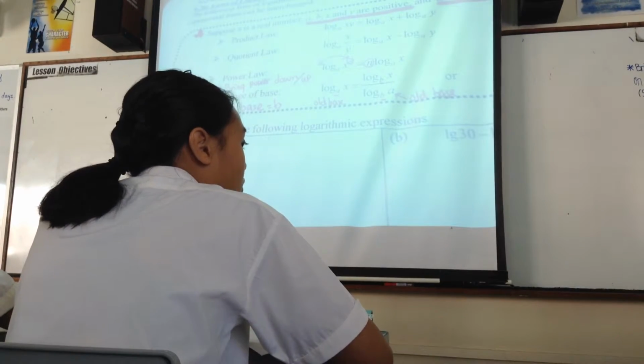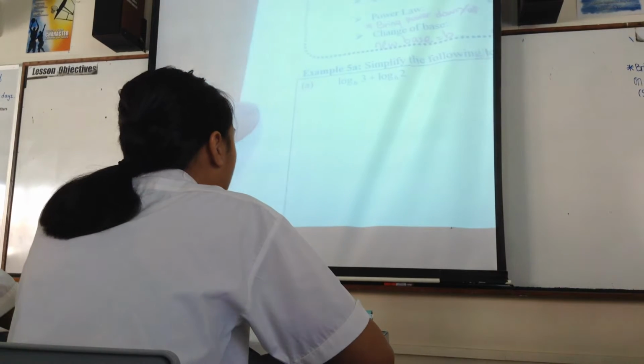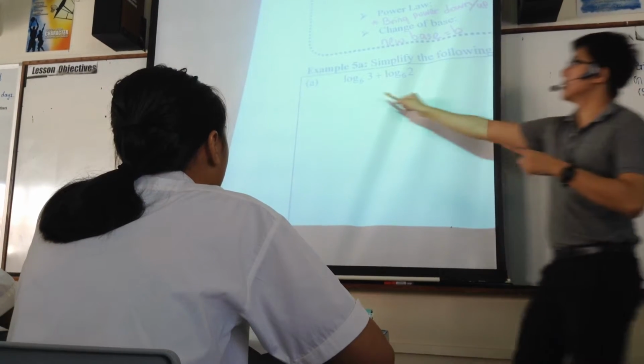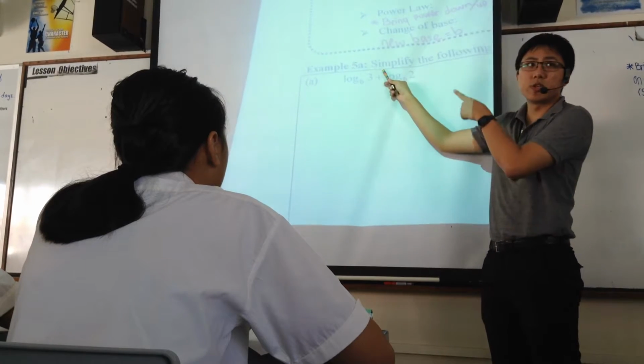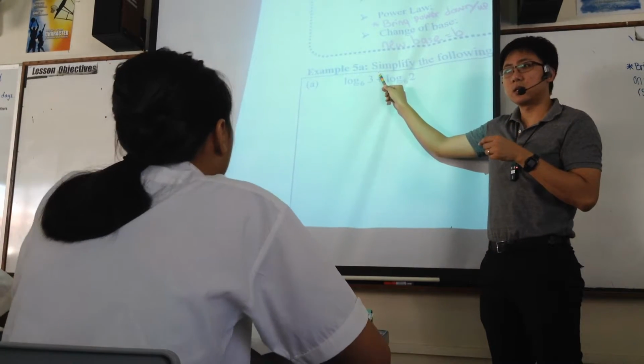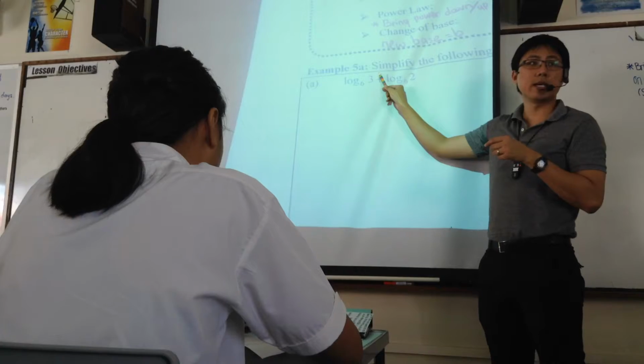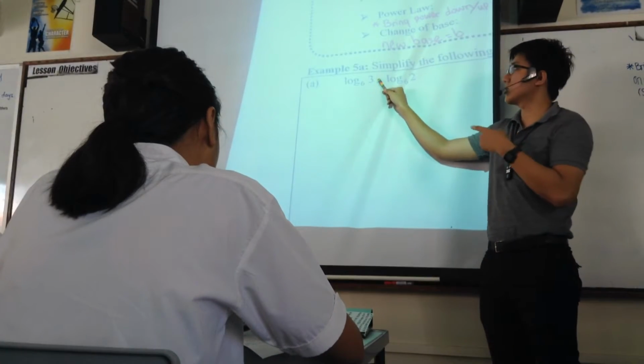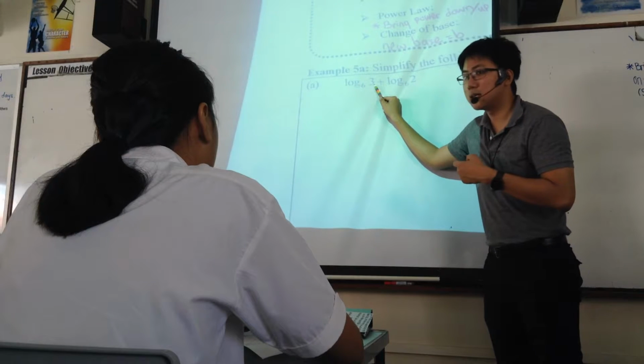Now I give you an example. Let's start. Now, let's look at the first one. Log base 6 of 3. Press calculator. Hey, pay attention. Log base 6 of 3.